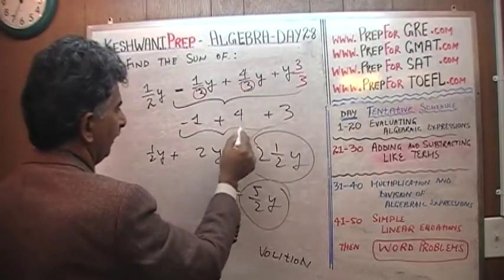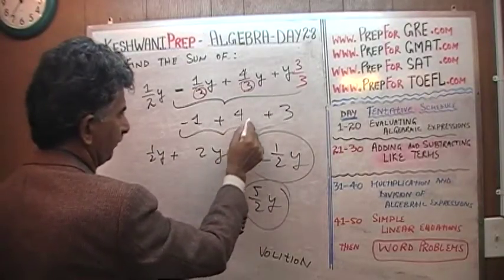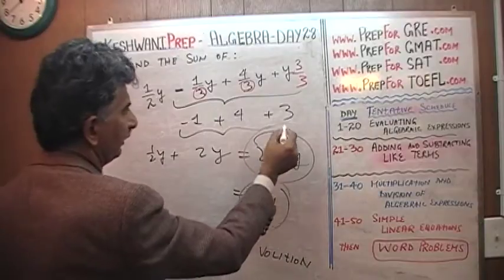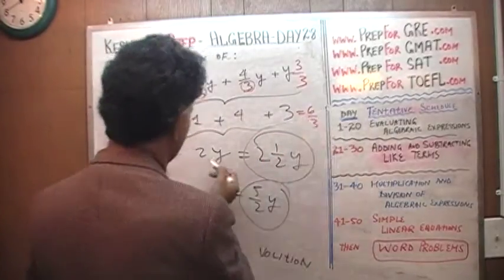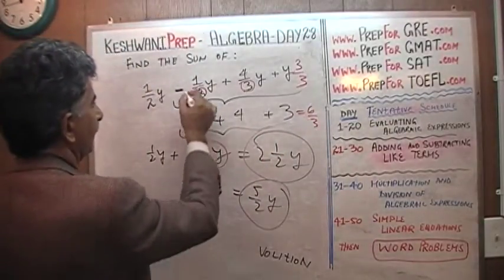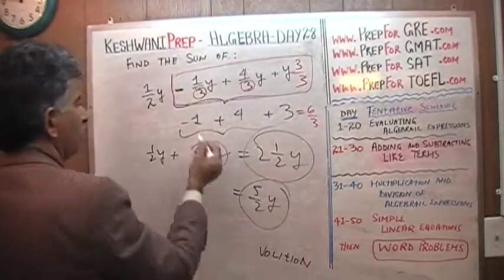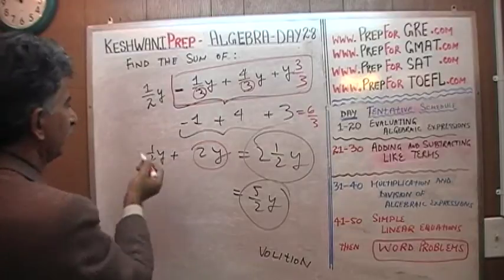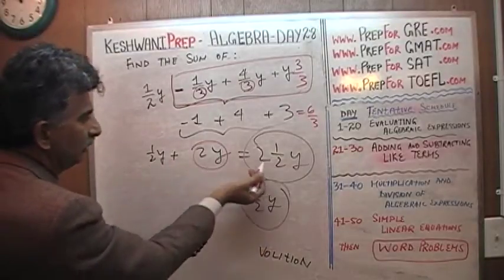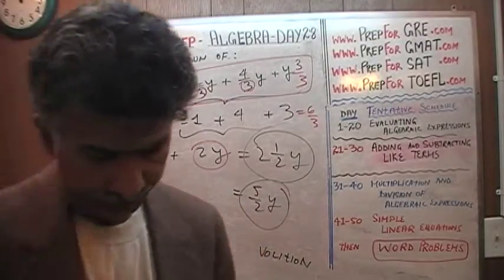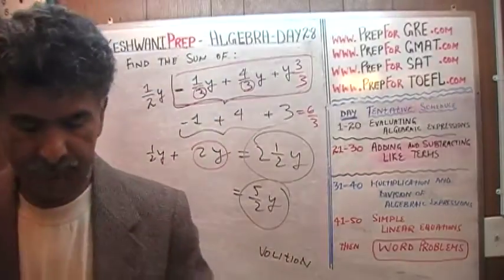Negative 1 plus positive 4 is positive 3, plus positive 3 is 6. This turns out to be 6 over 3, which is just 2y. So the sum of these three terms turns out to be 2y. And then we have half a y here. So it's half plus 2, which is 2.5y. That's all. Or 5 halves, if you like.